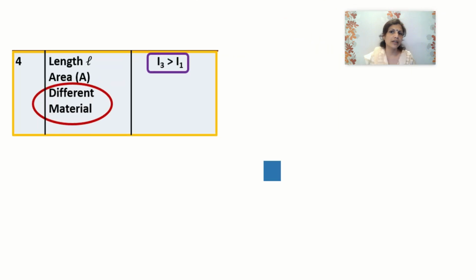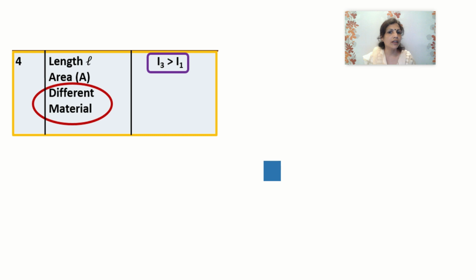Let's now understand the fourth case. In the fourth case, we changed the material of the conductor. In place of nichrome wire, we connected a copper wire. And we realized that during this time, the current flowing through the circuit was highest.